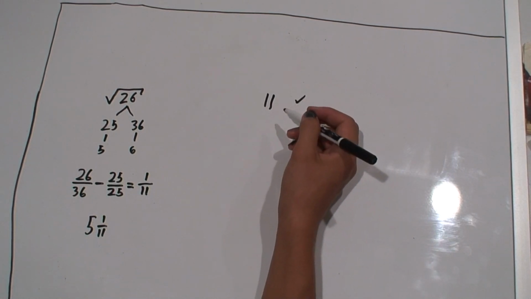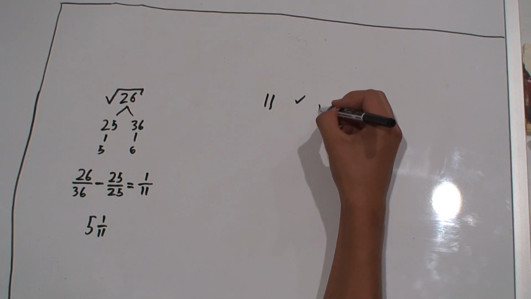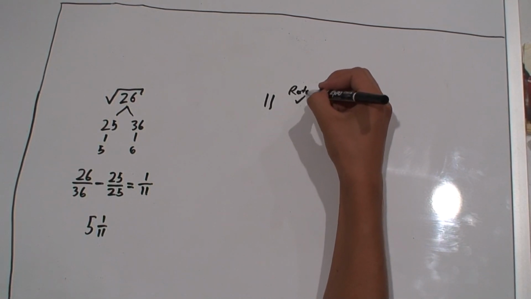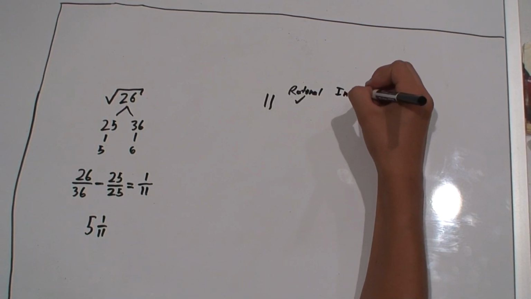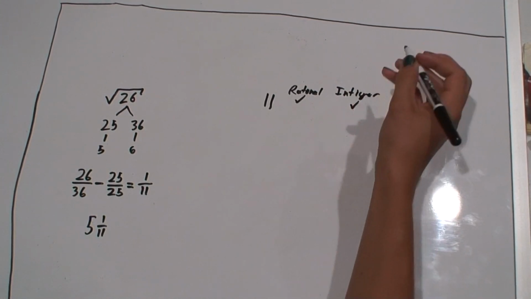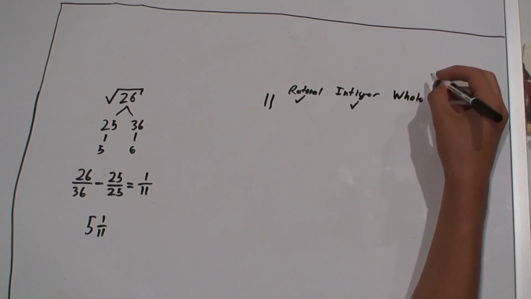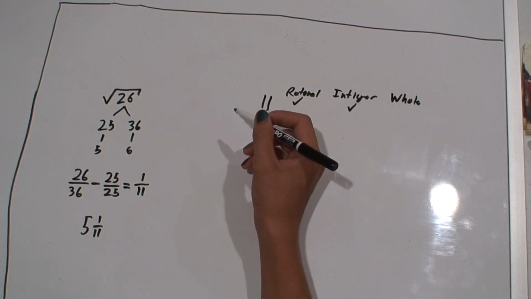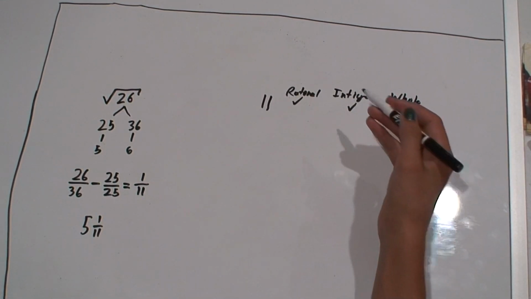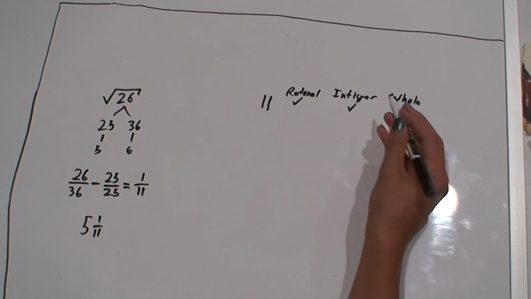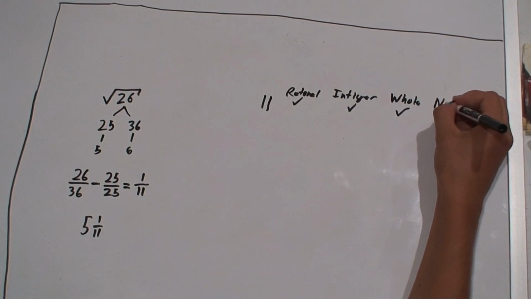Well, yes it is. So, it is also an integer. So it is rational, and it is an integer. We can go farther. Is it a whole number? So whole numbers are just numbers that aren't negative, that follow all the criteria of these previous ones. Yes, it is not a negative number. Now there's one more step, which is natural.